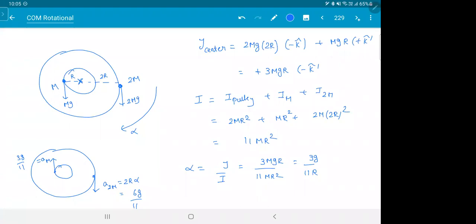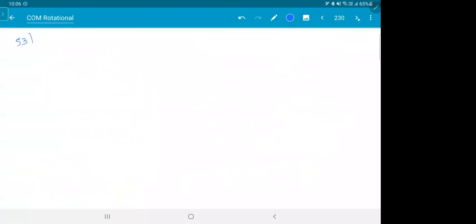Next one. Let's see a similar mode. One more. So this is again a disk, with mass and radius, no slipping.